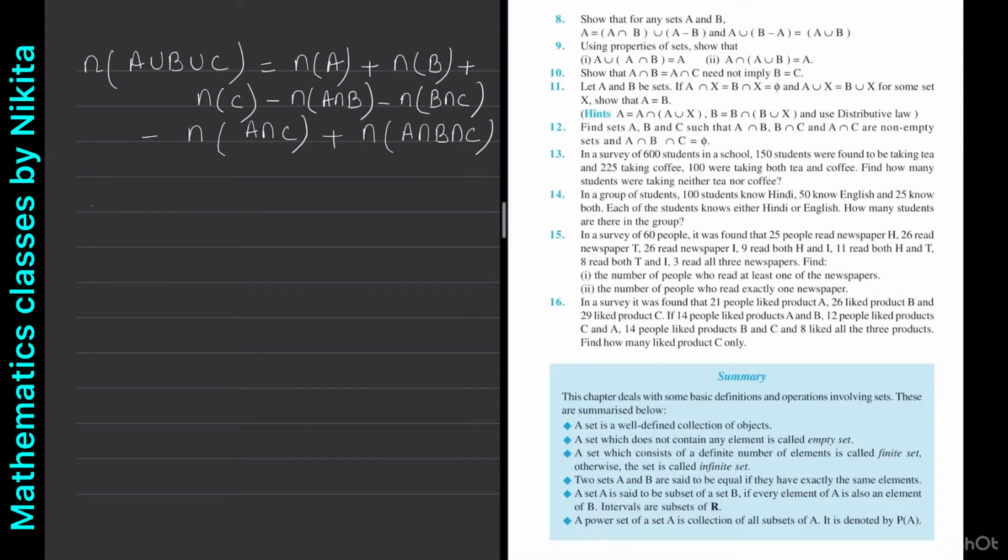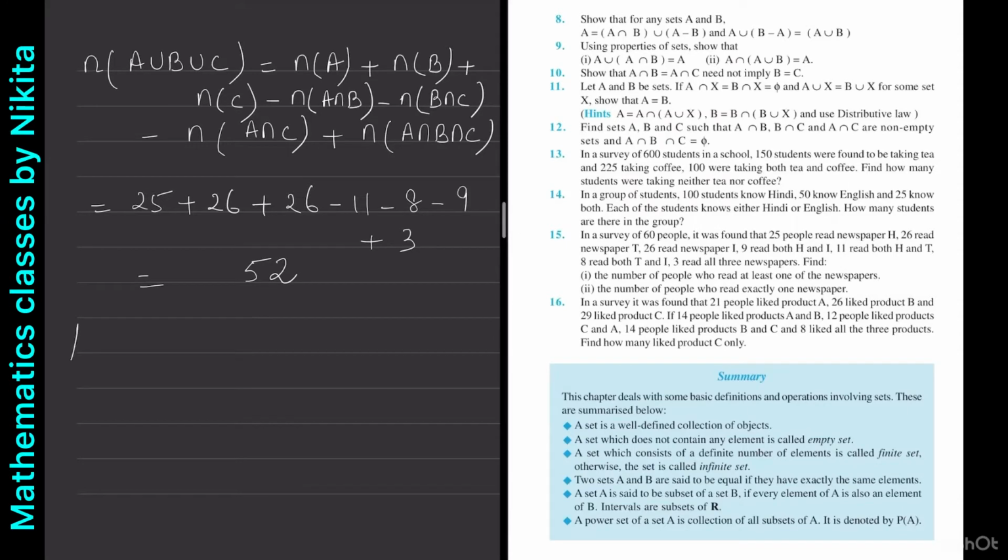Now let's just plug in the values. So we will get 25 plus 26 plus 26, then minus A intersection B which is 11, then minus B intersection C which is 8, then minus A intersection C which is 9, and then plus 3. So you can calculate this and you will get 52.